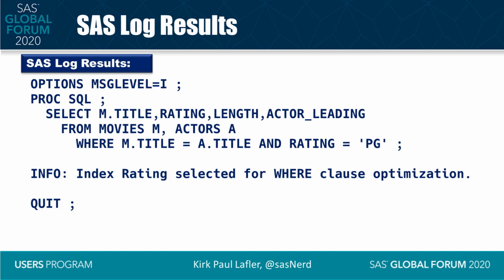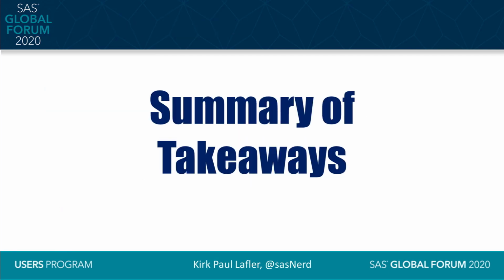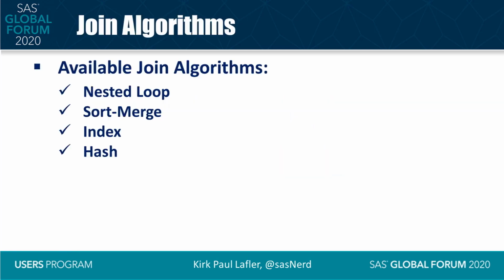So what I'd like to do is give you a summary of takeaways for this chapter, or this section that we covered. Again, the available join algorithms are nested loop, sort merge, index, and hash with PROC SQL. So the optimizer has choices.